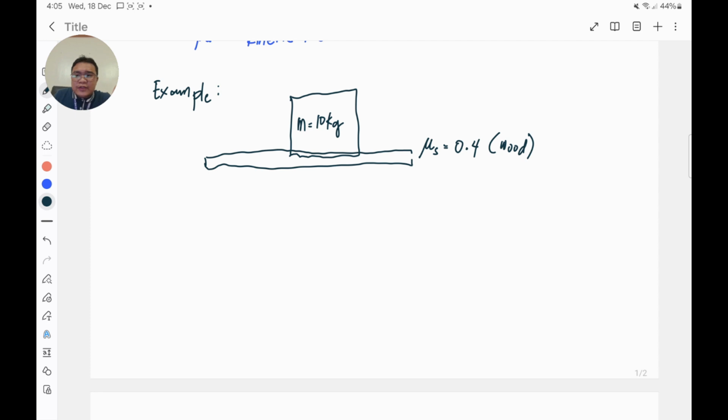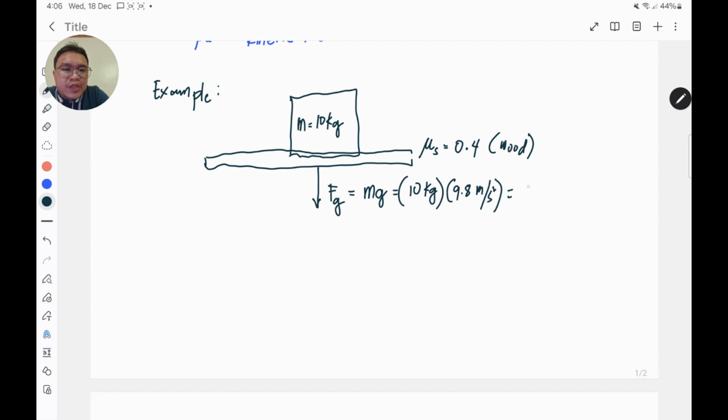But before that, let's first identify what forces are acting on this box that is at rest. First, of course, you have your downward force due to the mass of the object, which we will denote as Fg, or your gravitational force, or technically the weight of your object, which we know is mg. If we further calculate that, we have 10 kilograms multiplied by the gravitational acceleration, 9.8 meters per second squared, which is equal to 98 newtons going down.